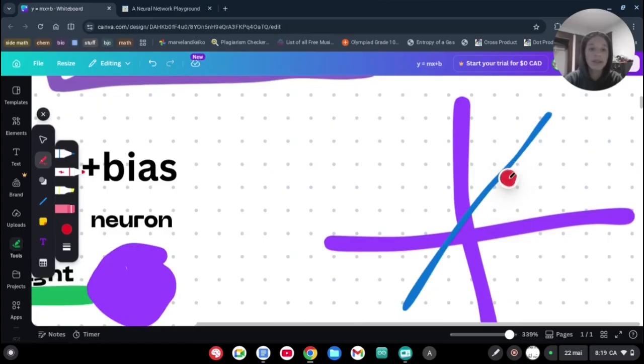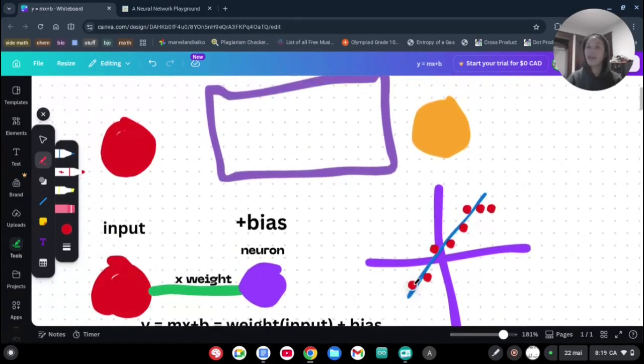The true values are hovering around this line. Is this a decent prediction? Probably this will give you a decent prediction of your y value for a given x value.